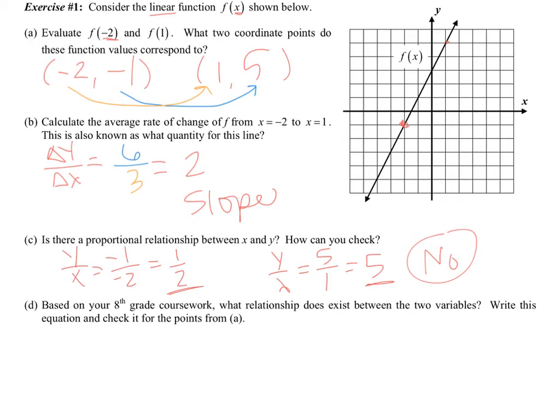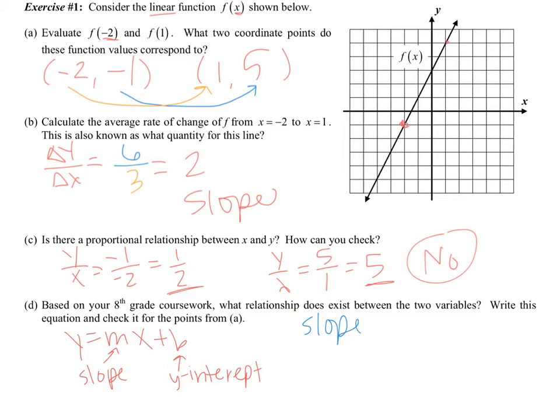Letter D, based on your 8th grade coursework, what relationship does exist between the two variables? Well, y equals mx plus b. We already know that it's a linear function, so we can use the linear equation y equals mx plus b. Remember that m is your slope and b is your y-intercept. So we need to find the slope of the line.